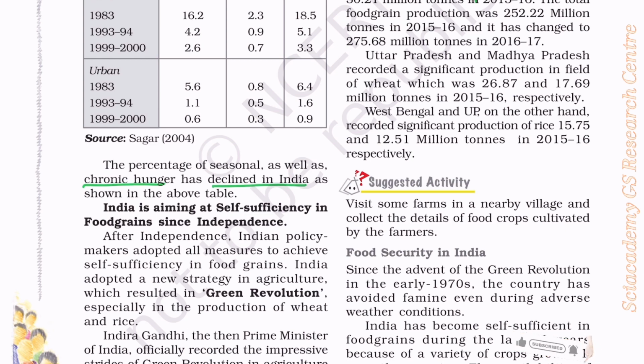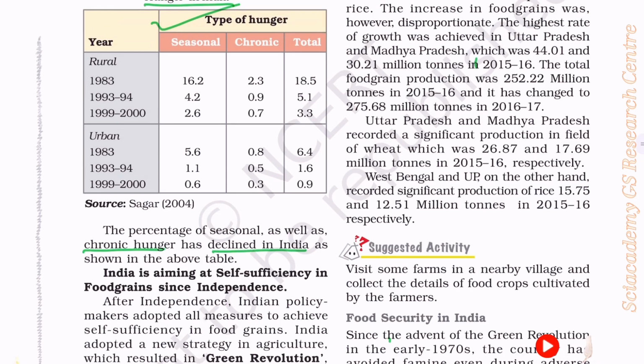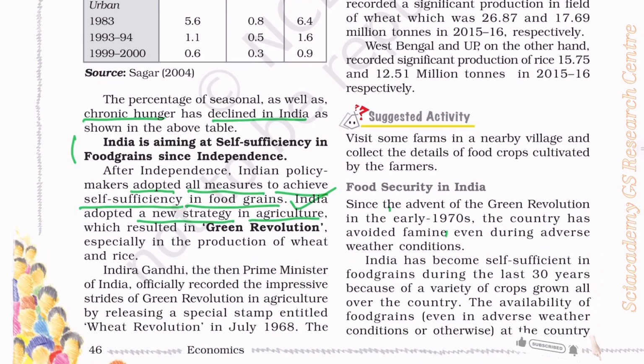India is aiming at self-sufficiency in food grains since independence. After independence, Indian policymakers adopted all measures to achieve self-sufficiency in food grains. India adopted a new strategy in agriculture which resulted in the Green Revolution, especially in the production of wheat and rice.